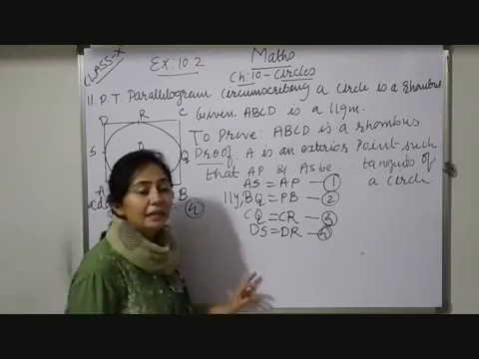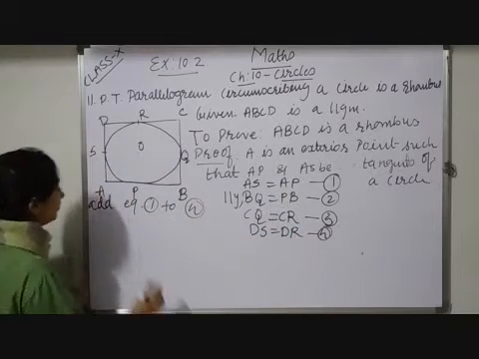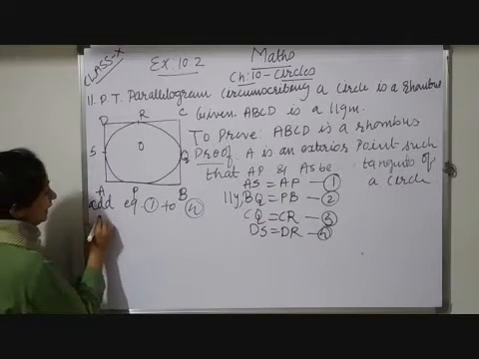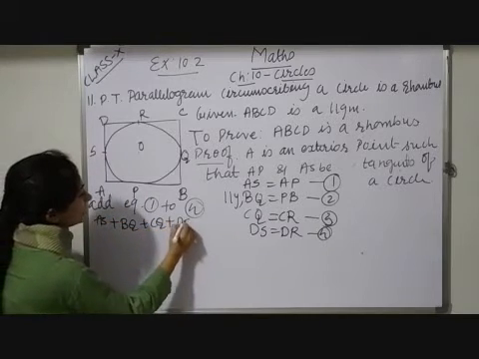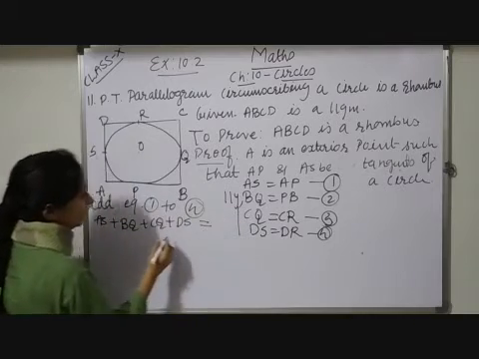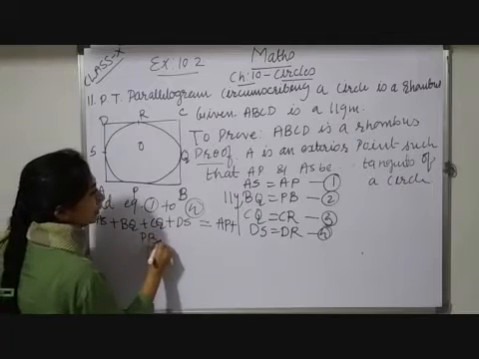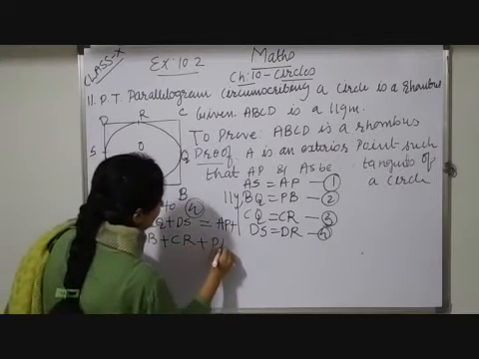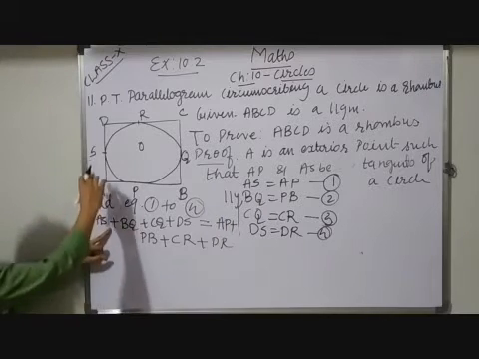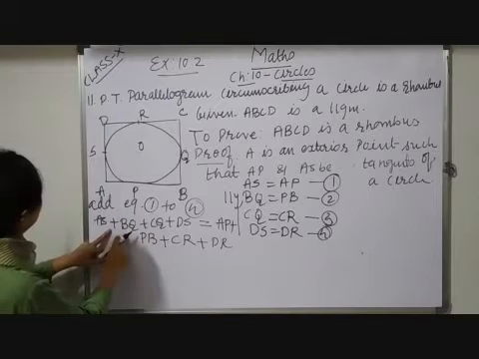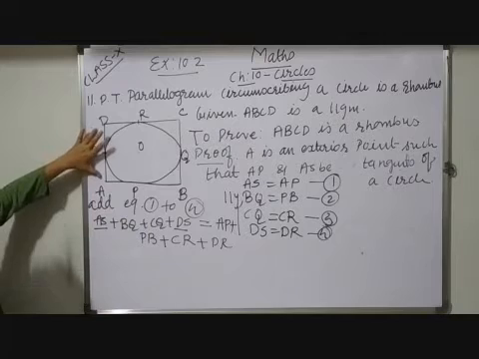While you are adding, you have to add all the LHS and after that all the RHS. So here I will write AS plus BQ plus CQ plus DS, which is equal to AP plus PB plus CR plus DR. Now observe: AS plus DS, in place of that I can write AD.